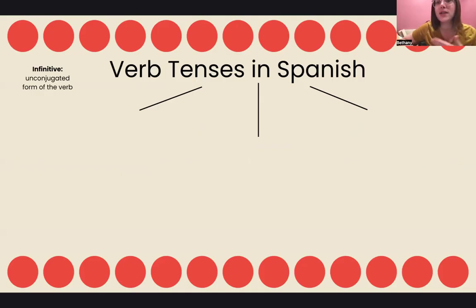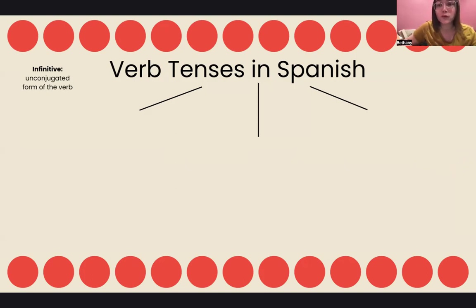Like in English, we say to eat. In Spanish, it's comer. So comer is the infinitive of to eat. When we say infinitives in English, we put the to in front of it, to eat. That is an infinitive, comer. And you'll see in a while how that happens.